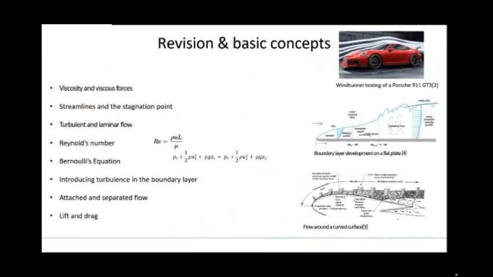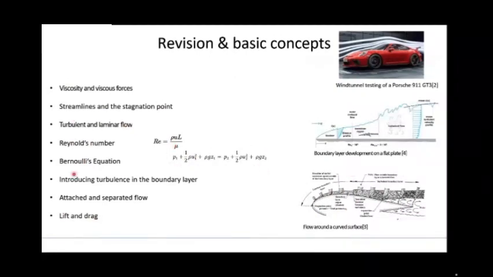So our stagnation point is that point on the front of the object where our streamlines come in and contact the object. So we'll talk about streamlines, stagnation point, turbulent flow, laminar flow, Reynolds number, this idea of being able to quantify whether we're likely to see turbulent and laminar flow. We can also think about fluid flowing past our object in terms of the energies associated with that.